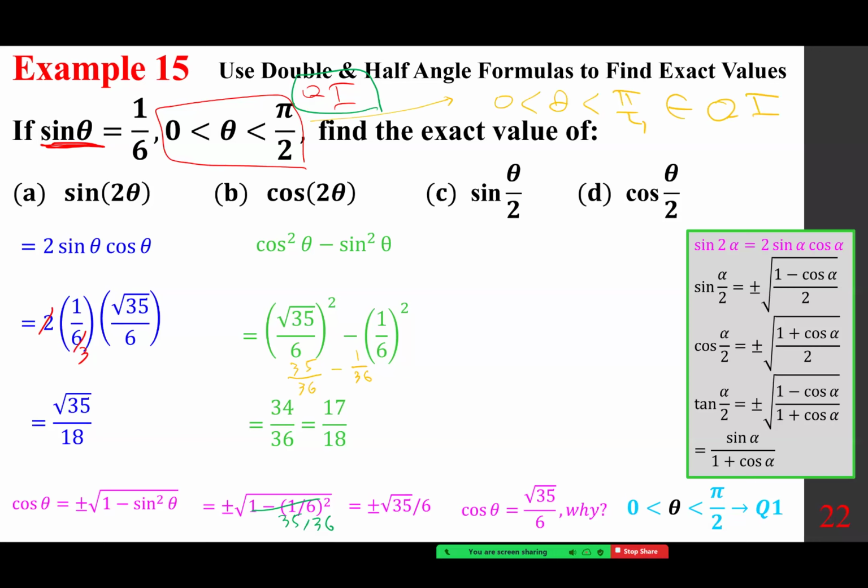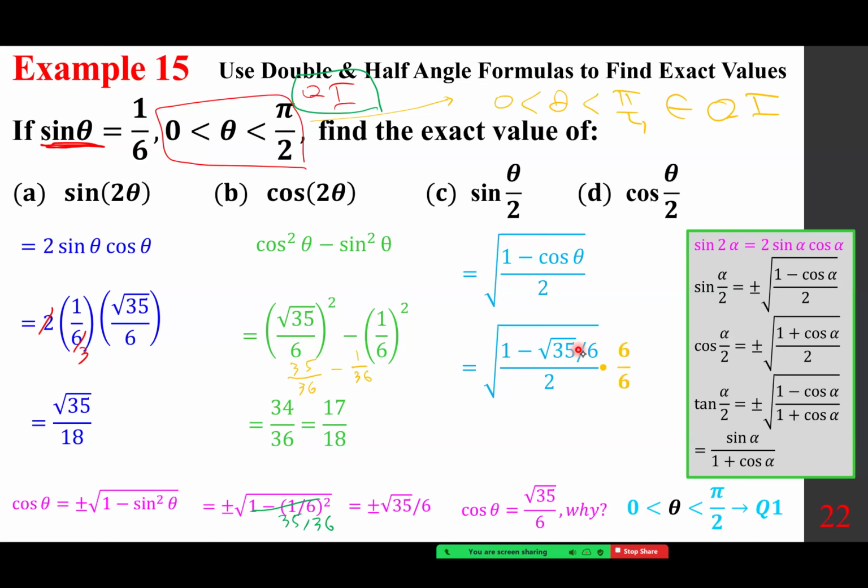Now, as far as the sine of half angle, again, half of this theta puts us also in quadrant 1. Everything is positive in quadrant 1. So sine plus minus, you just use the plus, square root of 1 minus cosine divided by 2. And cosine is that square root of 35 over 6. Because the numerator has the denominator 6, let's multiply it by 6 and divide by 6.